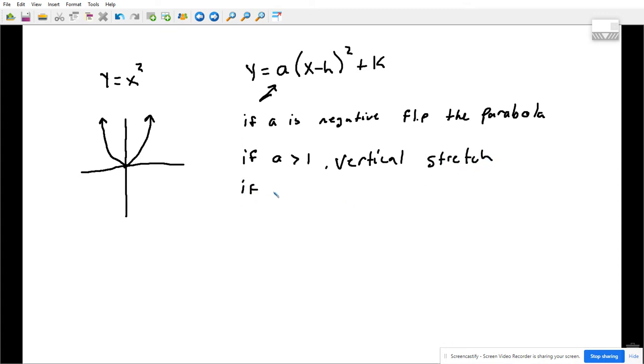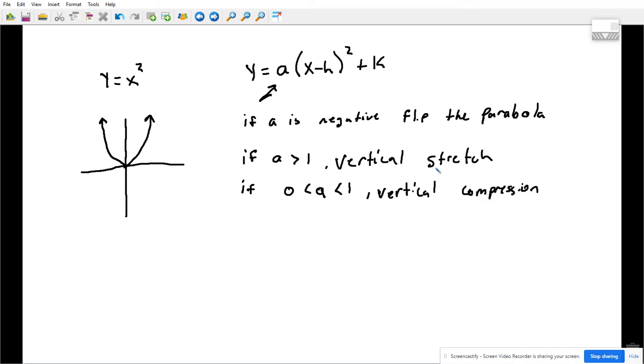Okay, if A is greater than 0, but less than 1, in other words, a fraction, okay, or a decimal that's less than 1, then it has not a vertical stretch, but it gets wider, okay? The graph is going to get wider. Which we call a vertical compression. Okay, so this is going to have a vertical compression.